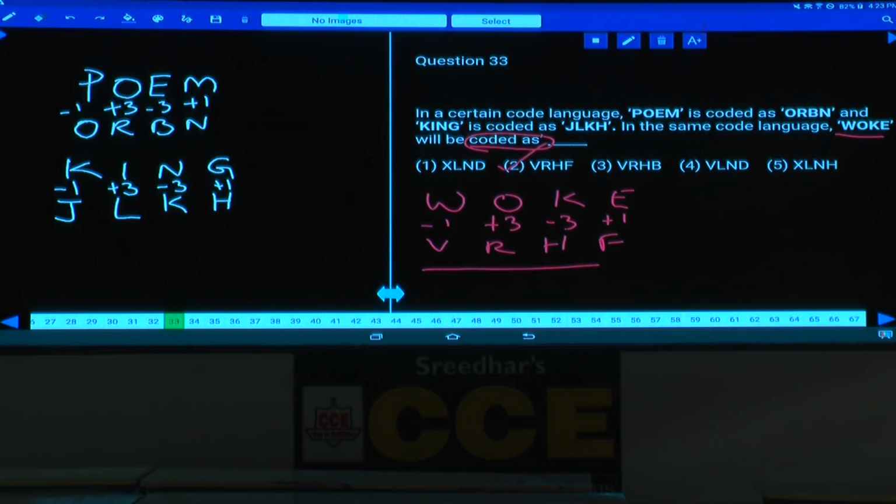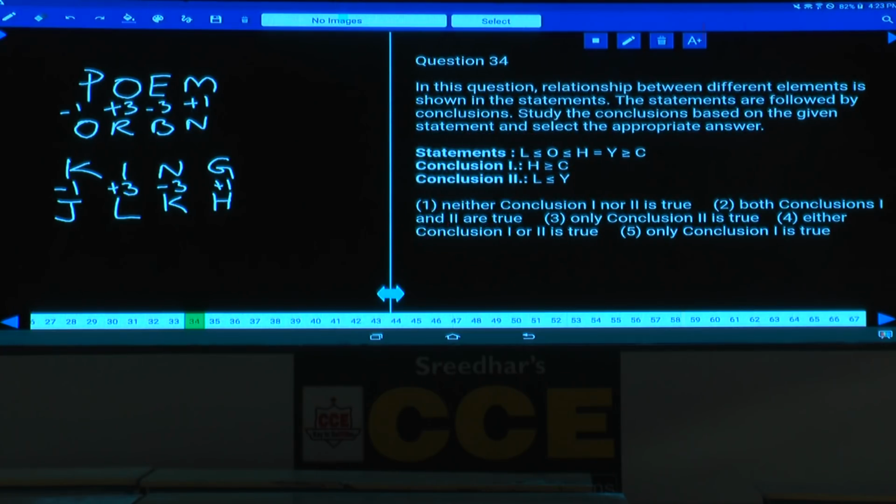VRHF, and it is given in choice 2. The difference between the elements is minus 1, plus 3, minus 3, plus 1. Question number 33.